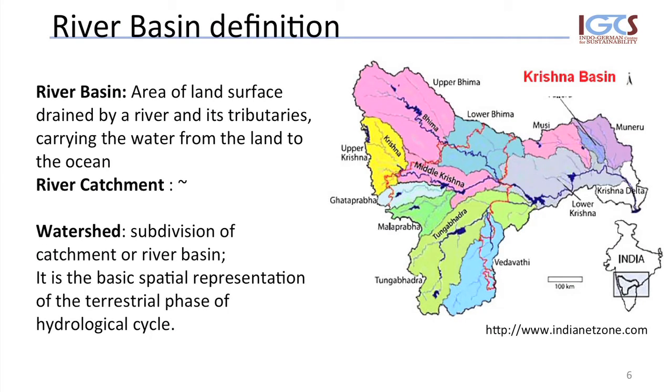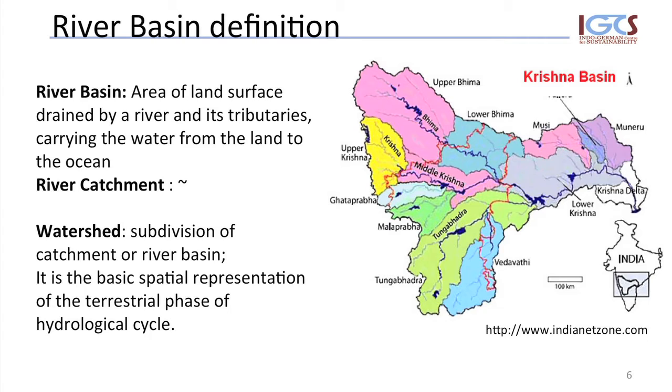Now, we also often hear the term river catchment, and what we mean by river catchment is essentially the same as river basin. We can use those terms interchangeably. And then there's a third term that often appears, which is watershed, and watershed is not the same as river basin.